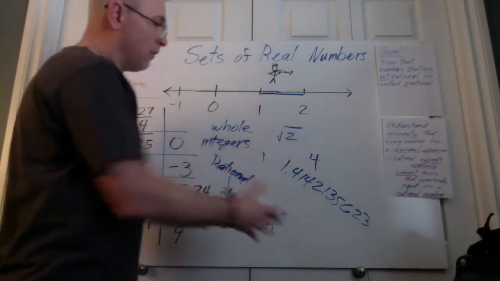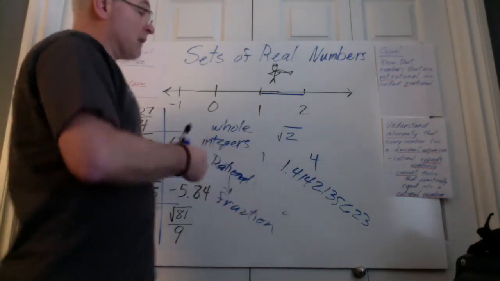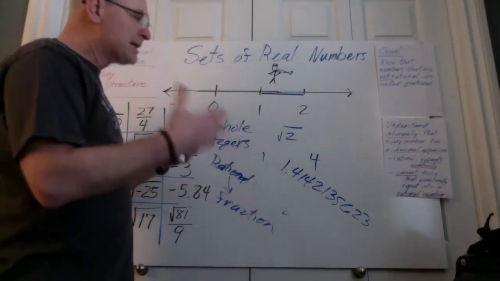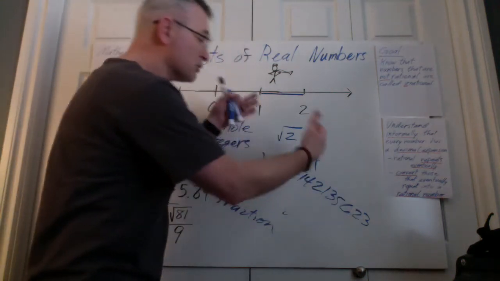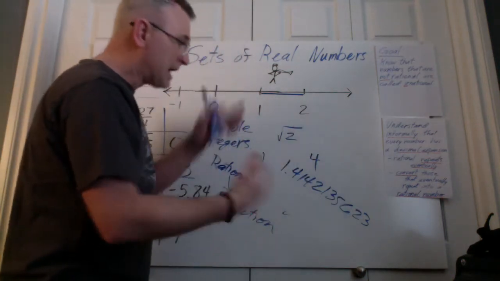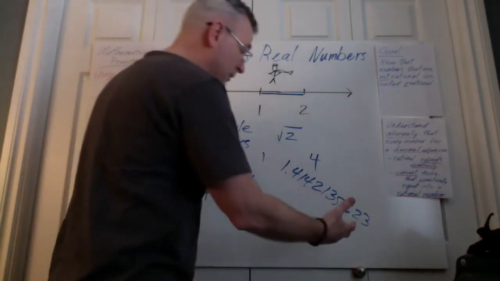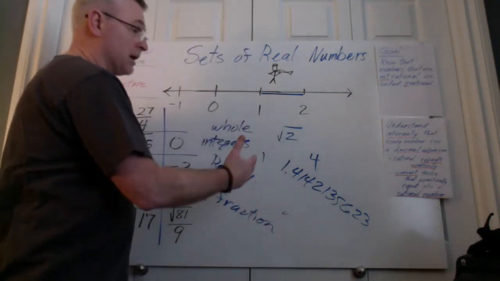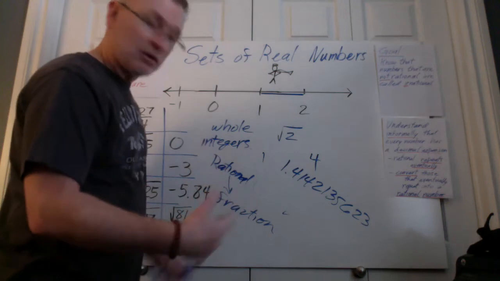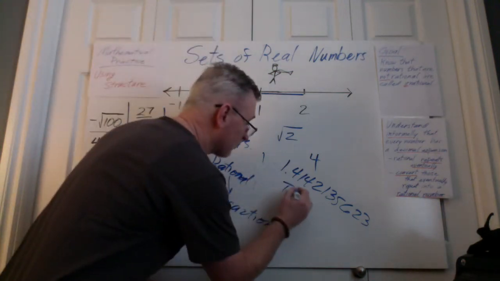The only way that I can put this back into a fractional form is to find the pattern and then use the pattern to make the fraction, and there's no pattern here. Therefore, it's not rational. So it is irrational.